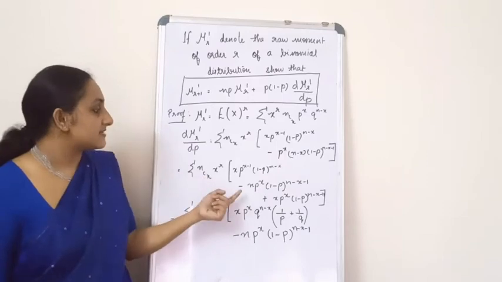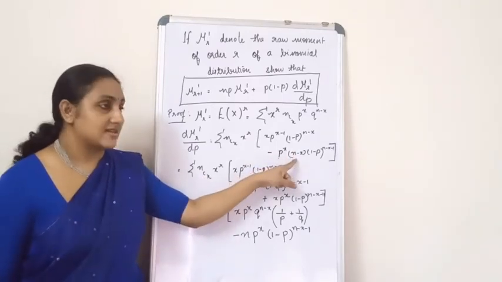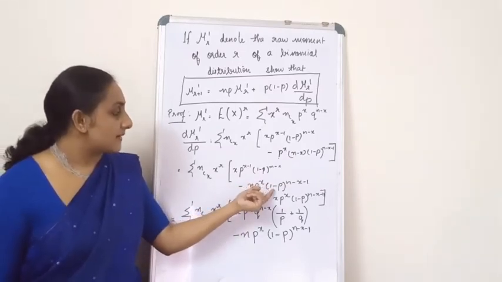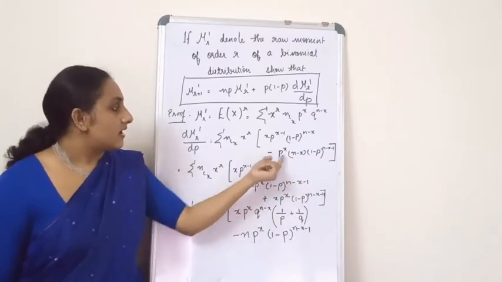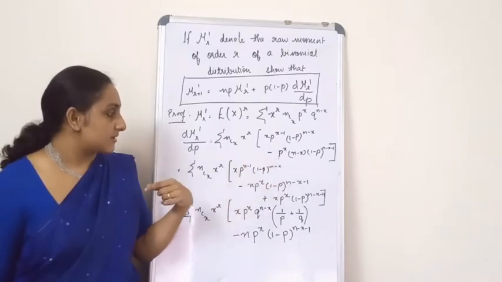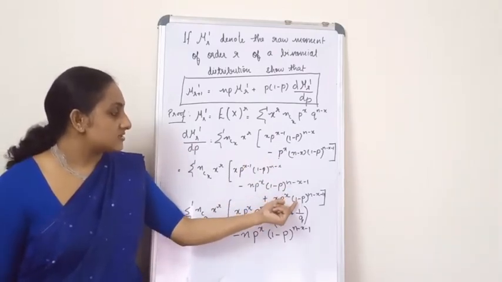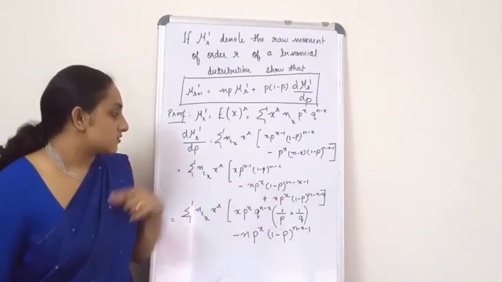When you expand this second term, just see what you get. p raised to x is taken inside, so you get n into p raised to x into (1 minus p) raised to n minus x minus 1, plus you take this, multiply this minus x and p raised to x, you get plus x into p raised to x into (1 minus p) raised to n minus x minus 1. So that is what you get over here.